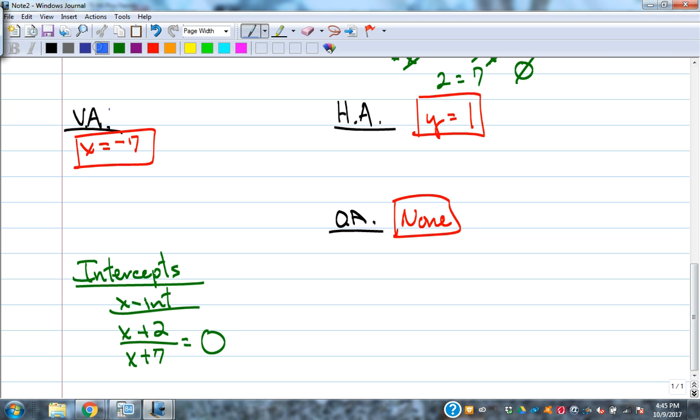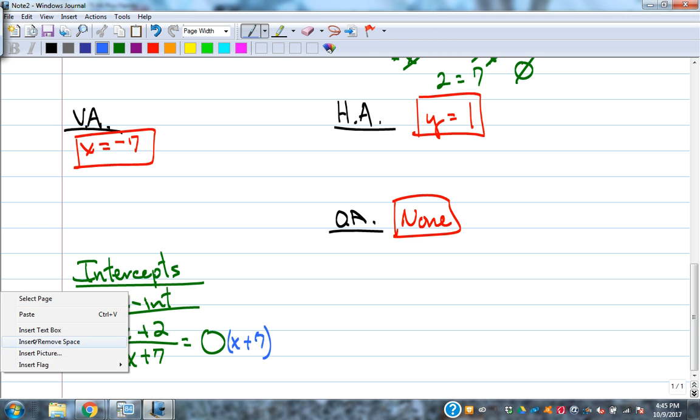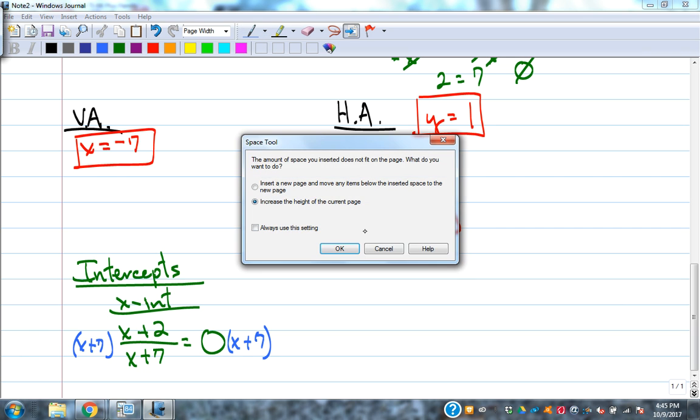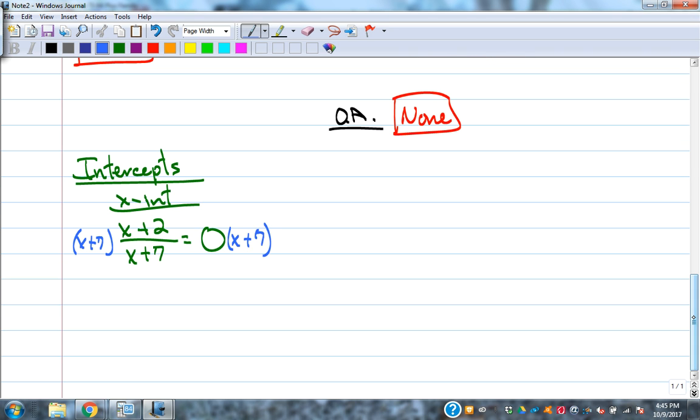What ends up happening here? When you multiply by x plus 7, you really only set what part equal to 0? X plus 2, which is the numerator of the rational function. That's going to happen every time. When you go to find the x-intercepts, technically you're setting the entire problem equal to 0, but every time the denominator goes away and you just set the numerator equal to 0.